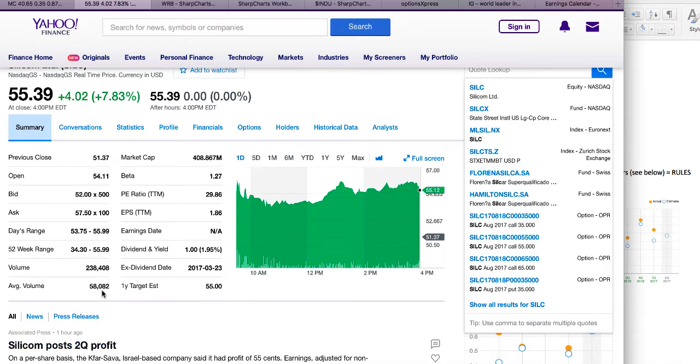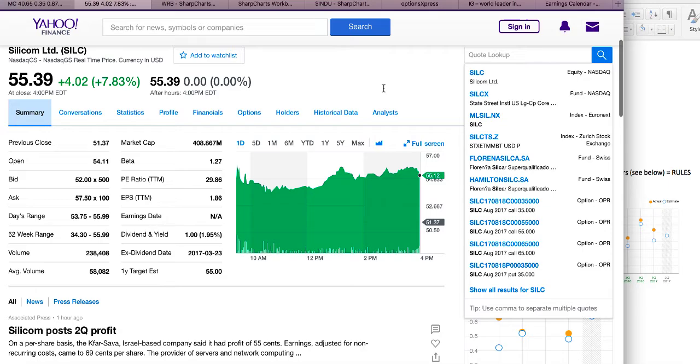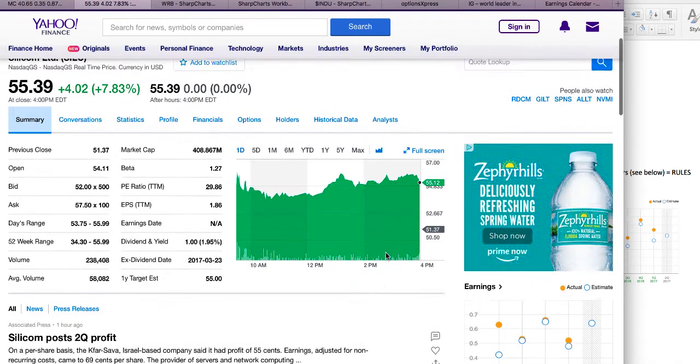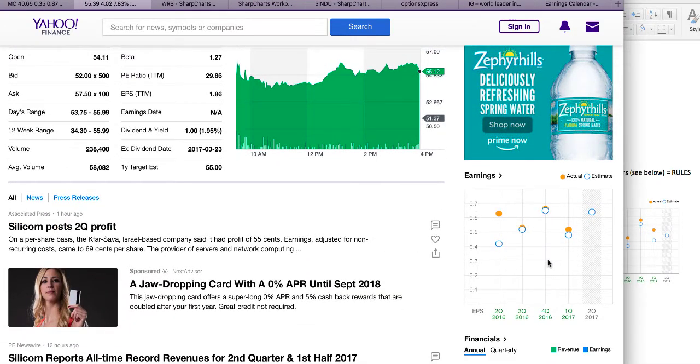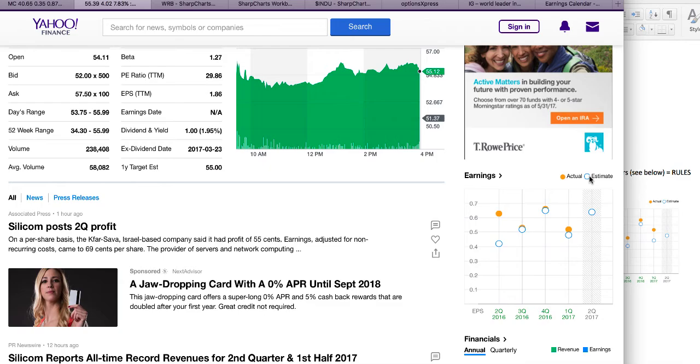But there's another one here I'm going to show you, over here on the right. I can see straight away whether this stock has a history of beating or missing its earnings. So we look at this example. The orange circle is what they actually came in at with earnings, and the white circle is what they estimated.